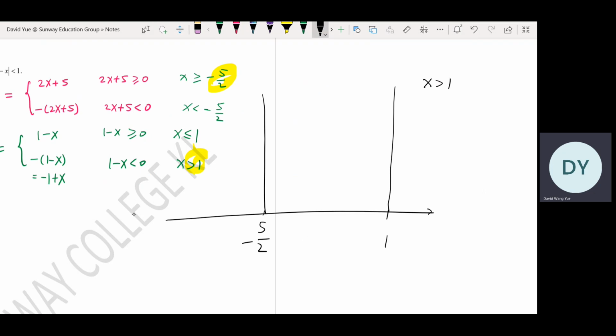So when x is greater than 1, the absolute value of 1 minus x is negative 1 plus x. And when x is greater than 1, which means x is definitely greater than minus 5 over 2, then the absolute value of 2x plus 5 is just 2x plus 5.